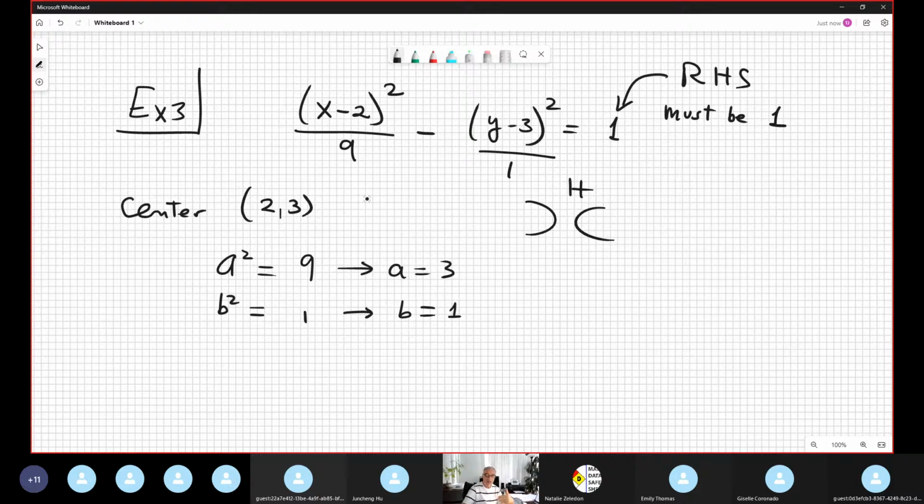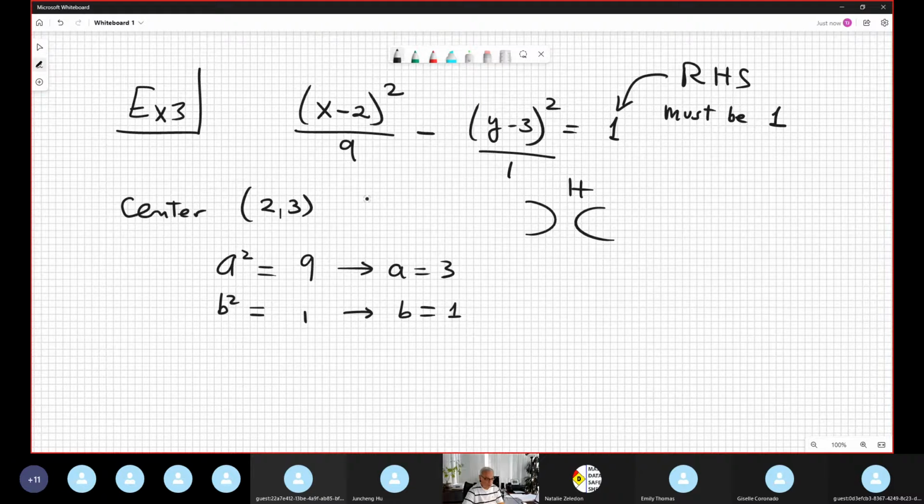Little by little, I take information from the equation. Number 1, center. Number 2, what kind of hyperbola, horizontal or vertical? In our case, horizontal. A squared is associated with the positive term always, and B with the negative.